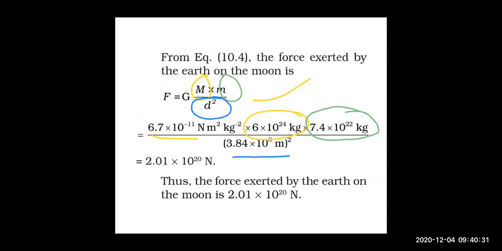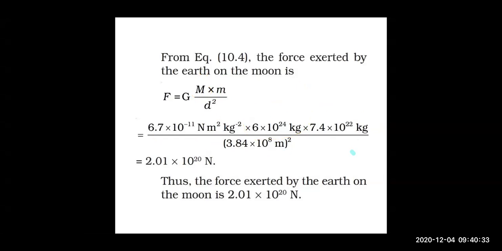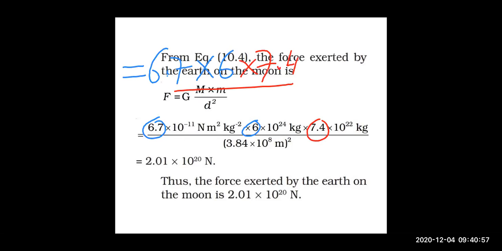Right, children? Now what we are going to do in this equation, I'll tell you the calculation part. All numbers you will bring together and all powers you will take to one side. So here the number is 6.7, into 6, the other number is 7.4, and upon you are having 3.84 square, right children? So these are the number part.